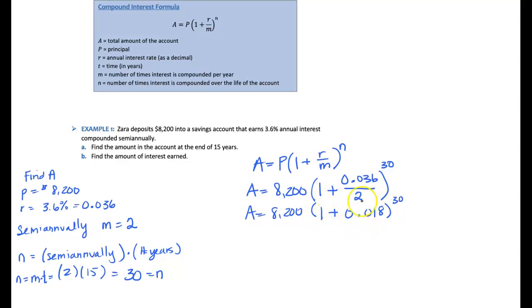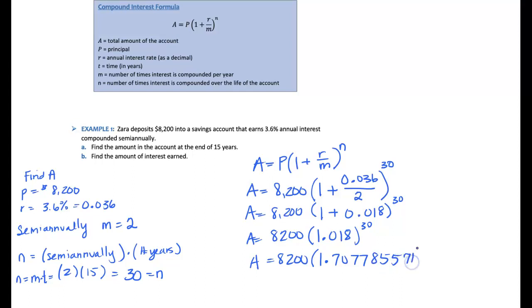Again, we're still going to simplify inside the parentheses and add. And we get 8,200 times 1.018 to the 30th power. Exponents come before multiplication. So we have 1.018 to the 30th power. And keep as many of these decimals on your calculator as you can. 1.707785571.